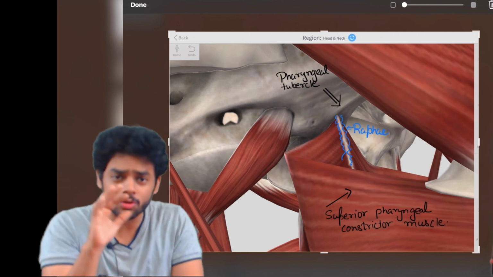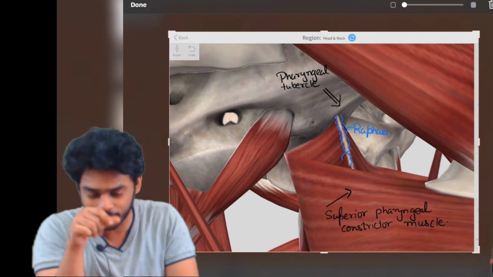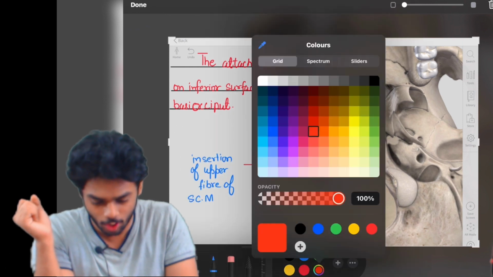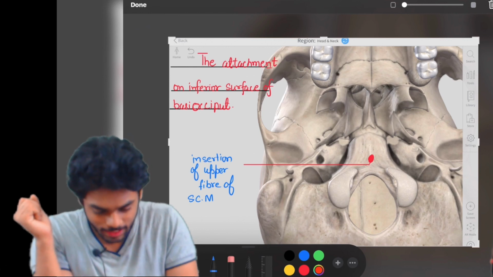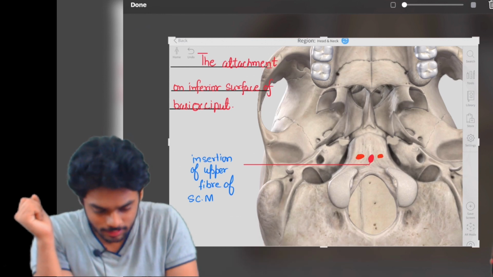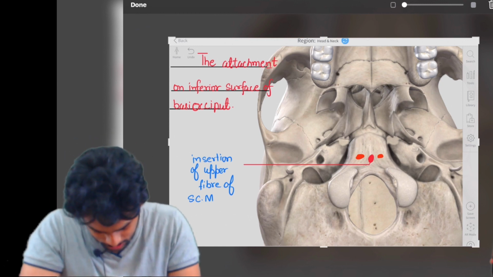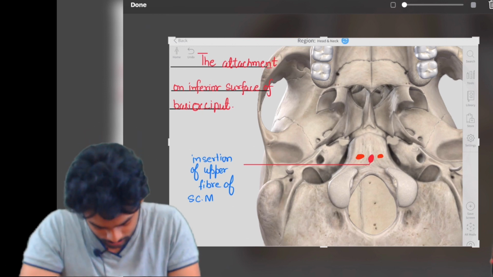Now there are some more muscles which are connected in the vicinity of this area. Let me show you. This is the point of insertion of the upper fibers of the superior constrictor muscle of the pharynx. And lateral to this, can you see? Lateral to this, we have another muscle known as longus capitis.